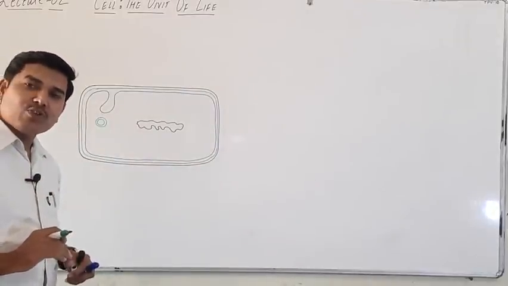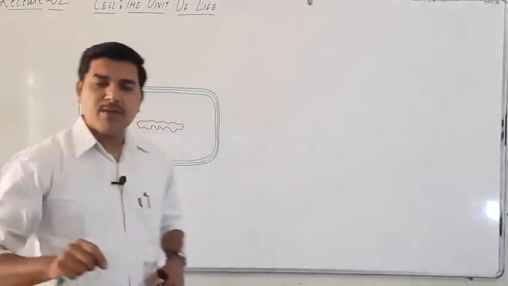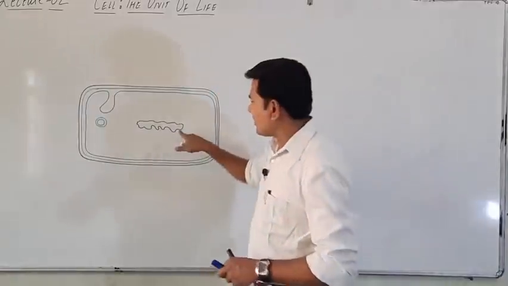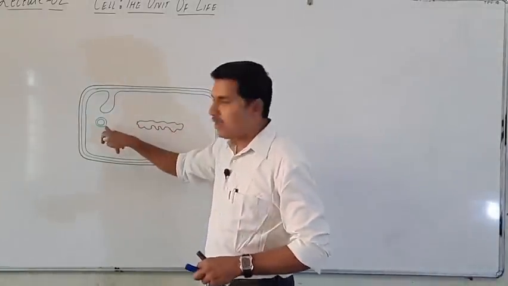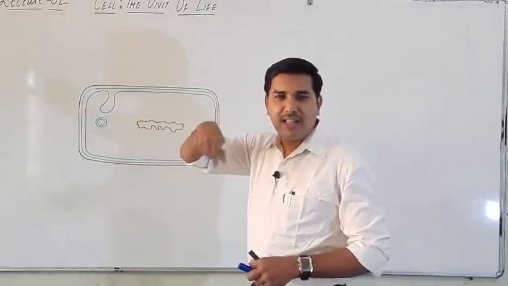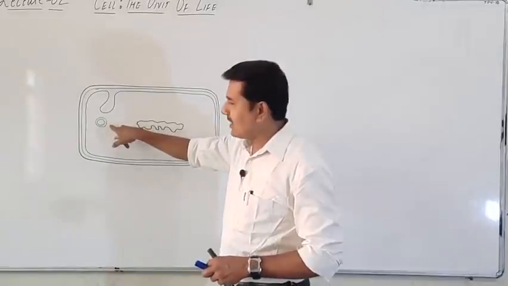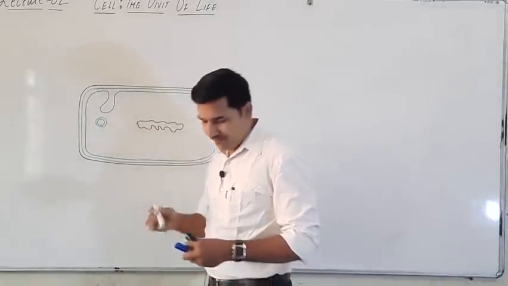It is an extra chromosomal DNA. This is the genetic material of the bacteria. Apart from this genetic material, there is a circular, ring-like double strand. This is what a plasmid is. We call it a plasmid.